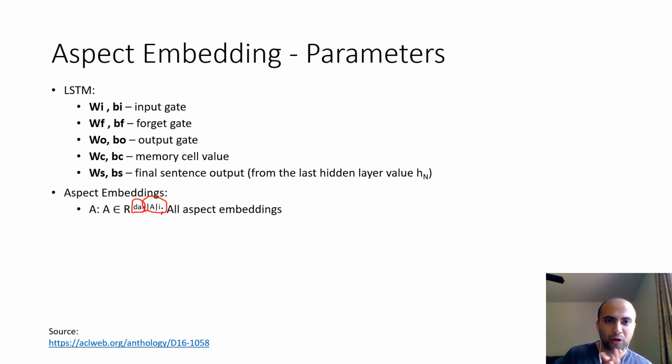So for example, if we want to train a corpus on, say, 10 different aspects: food, service, cleanliness, rush hour, price, and so on, the aspect matrix dimension would be, say, a 300 sized vector, so 300 by 5 or 10, however many aspects we want this network to learn.